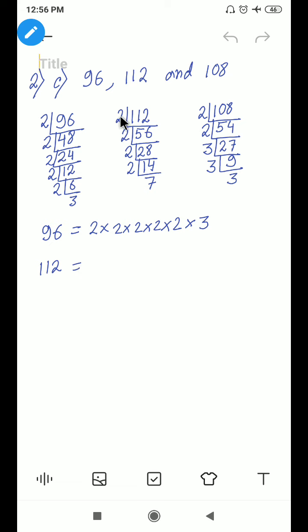How many 2s are there? Four 2s, so 2 into 2 into 2 into 2, and there is only one 7. Now take 108. This will be 2 into 2 into 3 into 3 into 3.